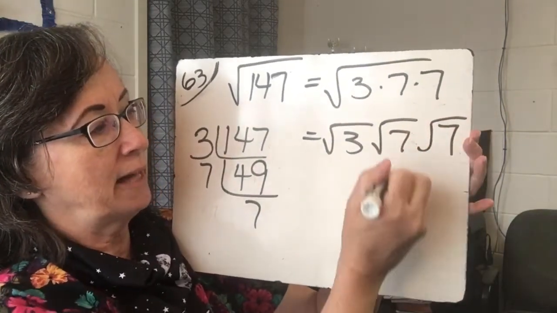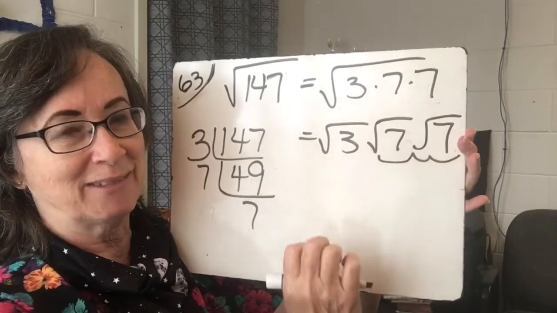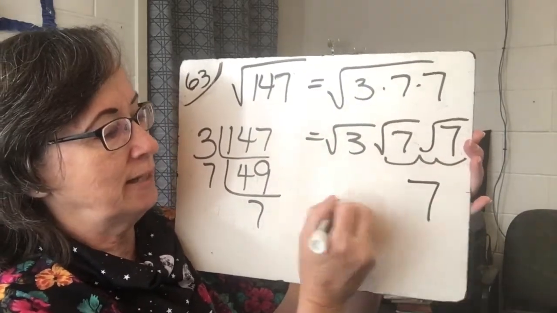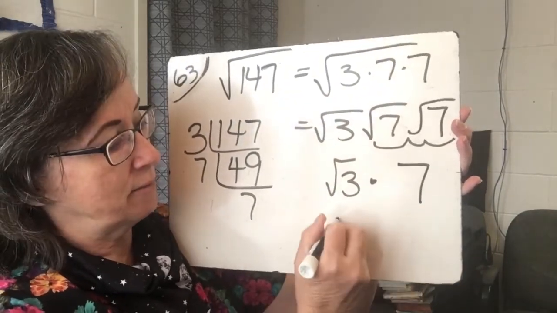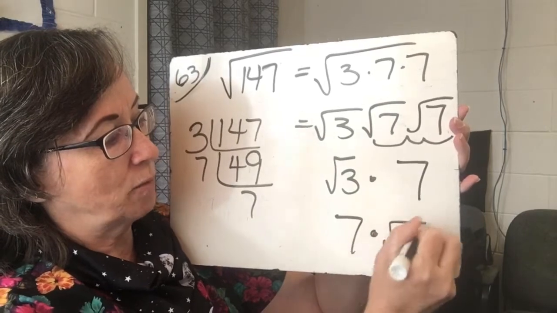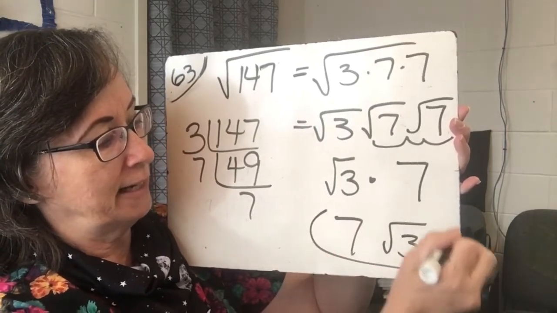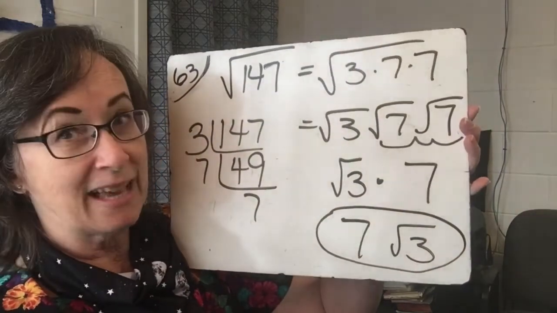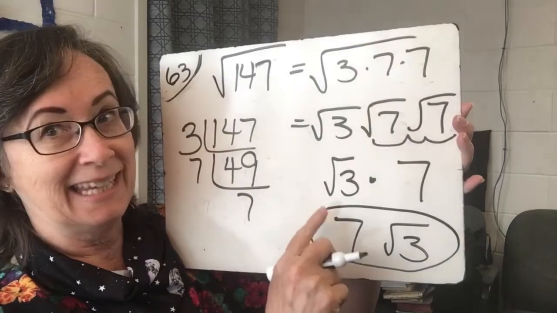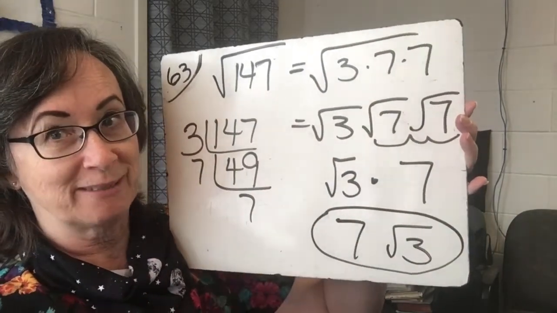And once we do that, we can see that these two, that's a square of a square root, and that will give me 7, and then this square root of 3 will be added on, so 7 times the square root of 3. We usually don't put the times there in the final answer because we're trying to simplify our radical down. So 7 square root of 3 will leave right there, and then we'll do this using our perfect squares.